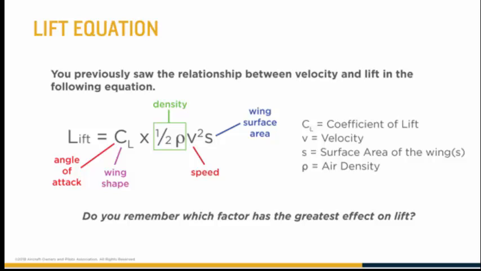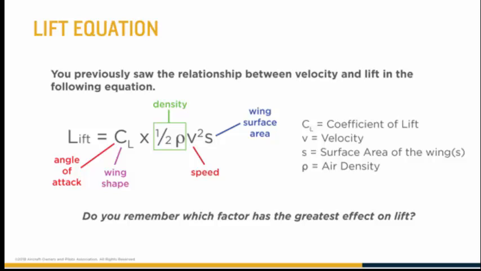Alright, we've already seen this before, but I want to remind you guys that lift is proportional to velocity squared and the lift coefficient, which increases with increasing angle of attack. And remember, propellers are airfoils. Airfoils do produce lift, so we can use the lift formula here.